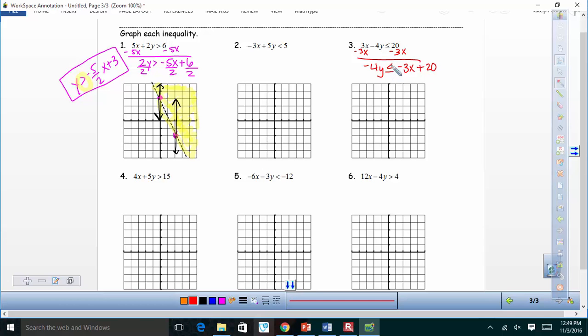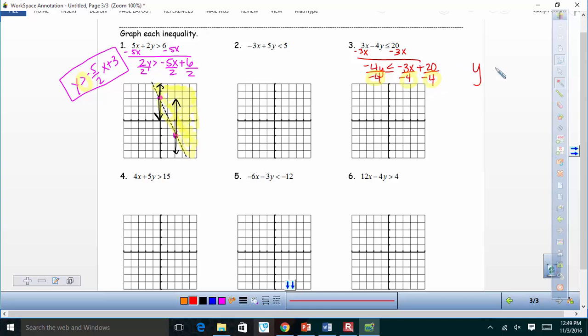Then to get y by itself, what would we have to do? But what do we have to do first? We have to divide by a negative 4. And yes, that does mean that we have to flip our sign, because we're dividing by a negative. So this is going to cancel. We get y, and instead of less than or equal to, it's going to be what?